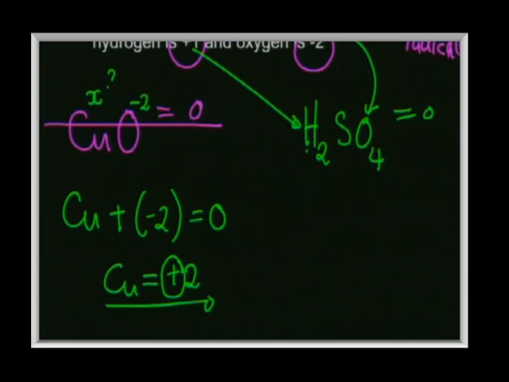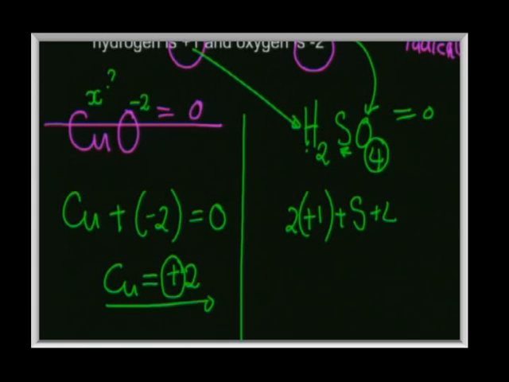If I do the calculation to find the oxidation number for sulfur, I would do it as such. I have 2 hydrogens, which each carry an oxidation number of +1. Let's just separate those two calculations. My sulfur is unknown, and I have 4 oxygen atoms, which each carry an oxidation number of -2.